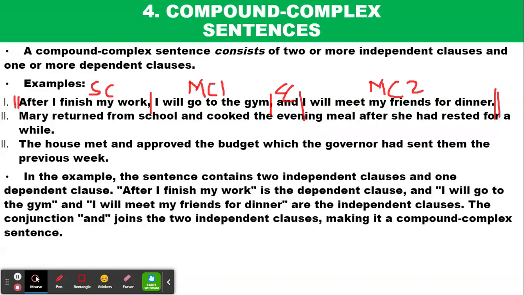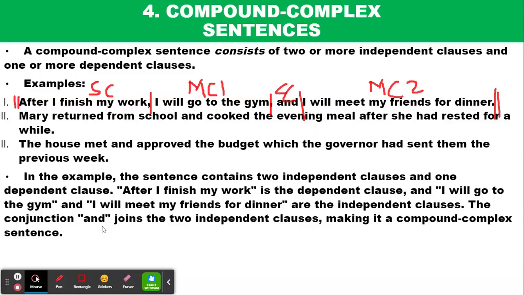And if we take a second look at example 1, the sentence contains 2 independent clauses and 1 dependent clause. We already have this MC1, MC2. They are the 2 independent clauses that constitute a compound sentence. And then we have 1 dependent clause. This is SC, subordinate clause. After I finish is the dependent clause, and I will go to the gym and I'll meet my friends for dinner are independent clauses.